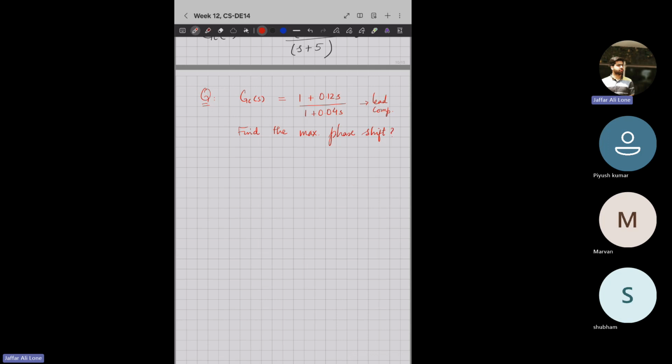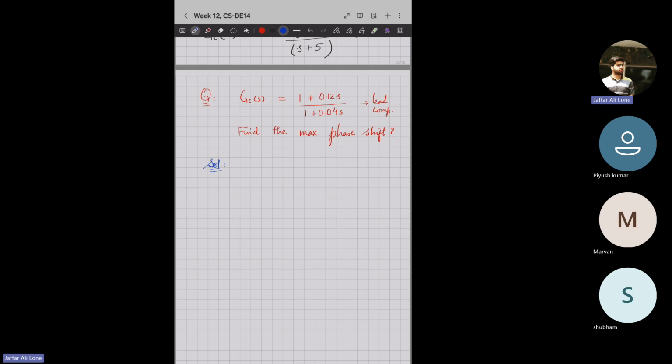Now you tell me. There are many ways. One way which we discussed is we will find the corner frequencies and see the frequency at which the phase is maximum. That's omega m, which is given by under root of omega 1 and omega 2.